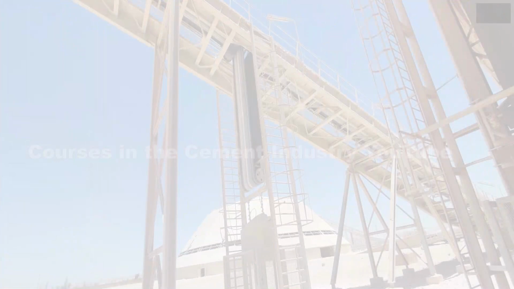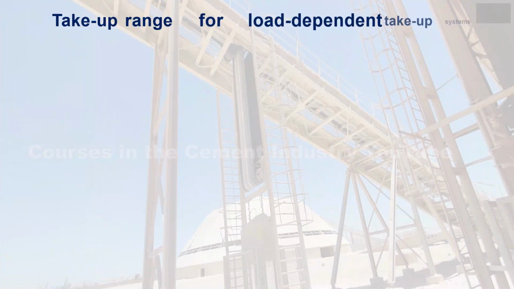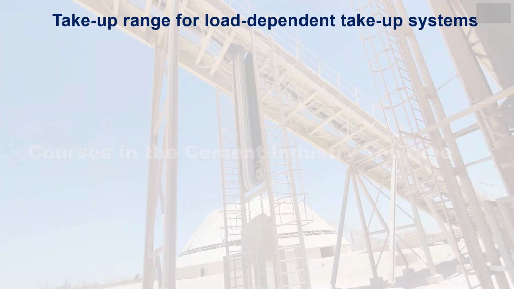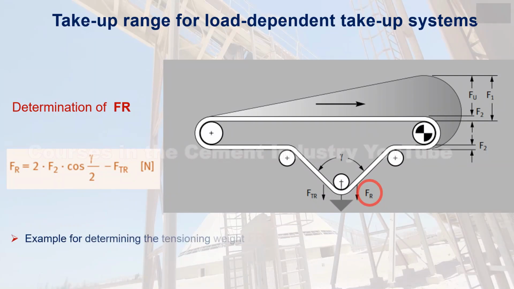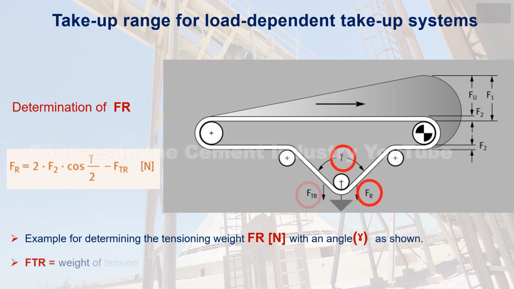We follow together take-up range for load-dependent take-up systems. Determination of Fr. Another case. The main equation, equals. Example for determining the tensioning weight Fr, in Newton, with an angle, as shown. Ftr equals weight of tension roller, in Newton.